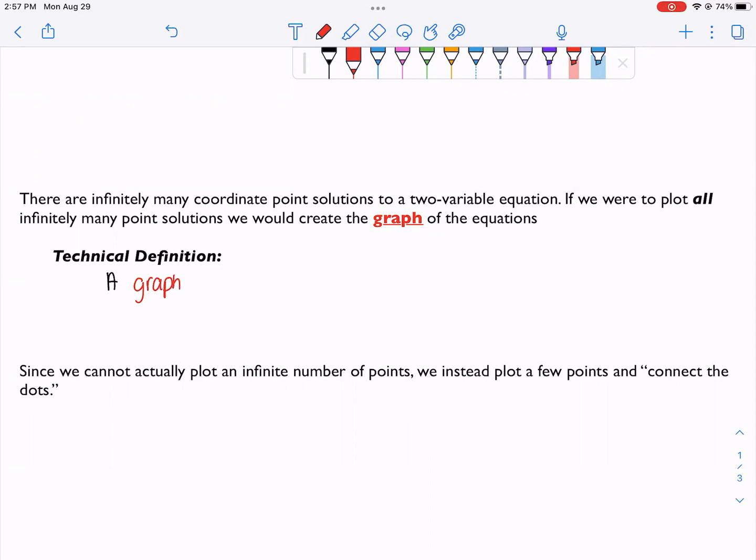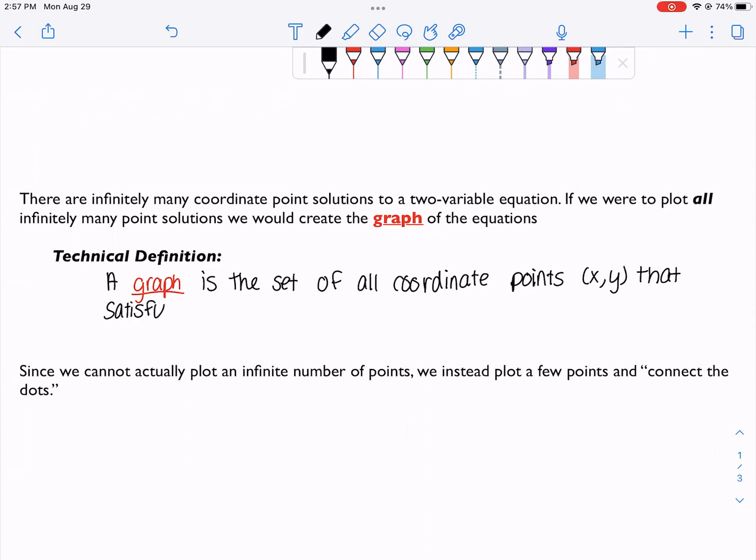We see it pictorially, but mathematically speaking, the graph is the set of all coordinate points that satisfy an equation. Again, it's not realistic to plot all coordinate points, so we can plot a few instead.